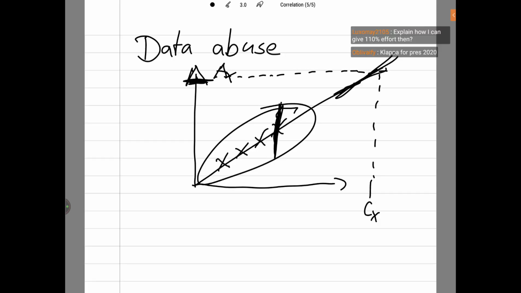Oh, how can you give 110% effort? Well, the answer is very simple. It's just a simple mathematical concept. If you work 24 hours a day on your studies, and you also skip breaks, that gives you an additional hour.